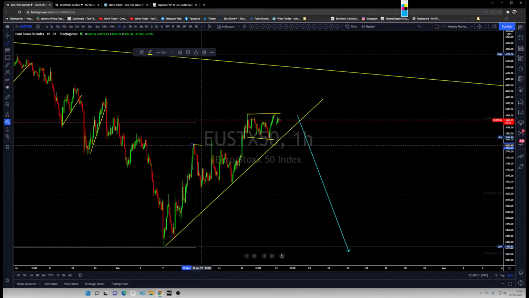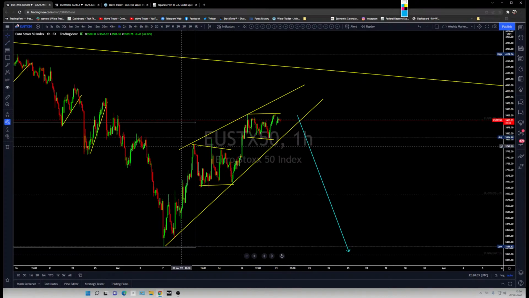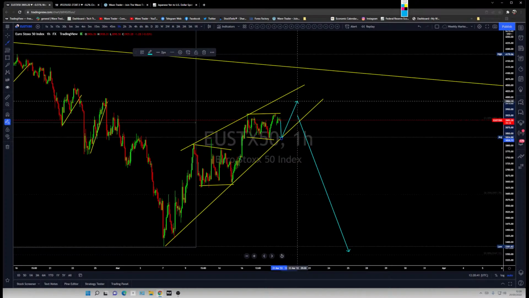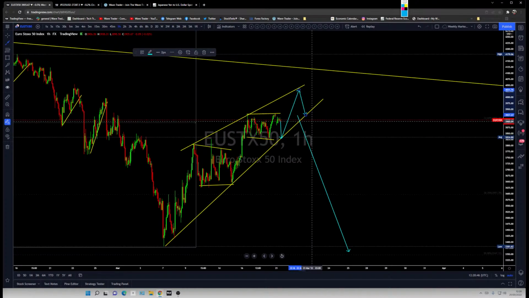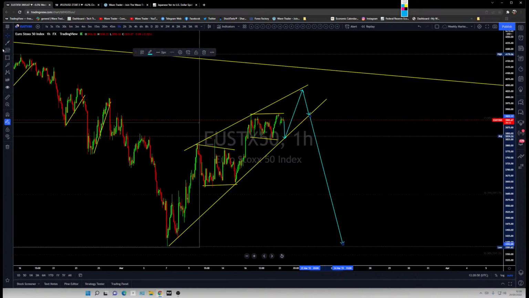All right, so this is what you are looking for right now, this wedge to break down for another leg lower. If I draw it, this is what you are looking for, another leg lower.